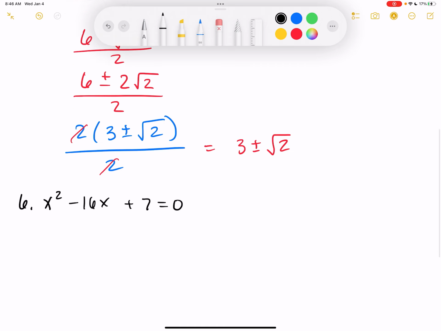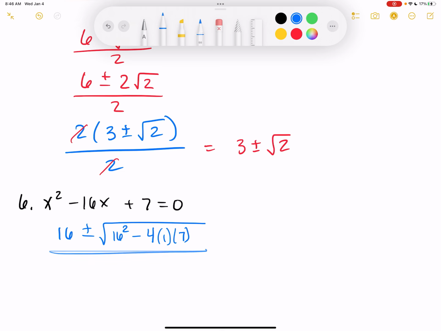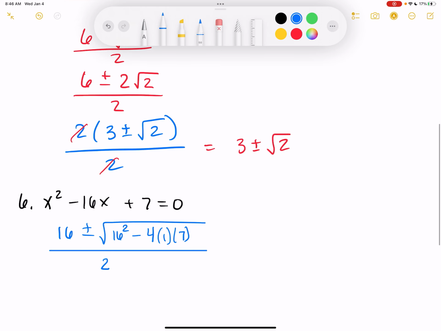All right, so y'all tell me what to plug in this time. 16, square root of 16 squared minus 4 times 1 times 7 over 2 times 1.